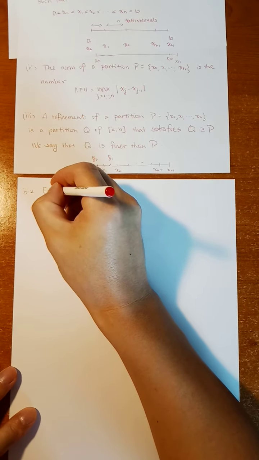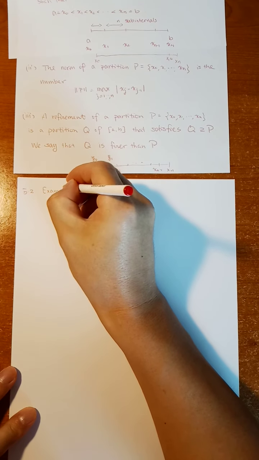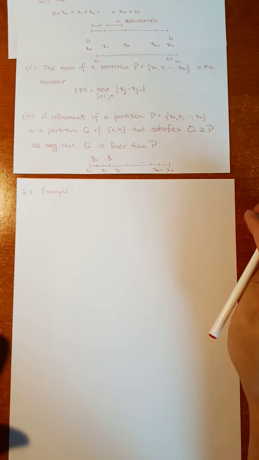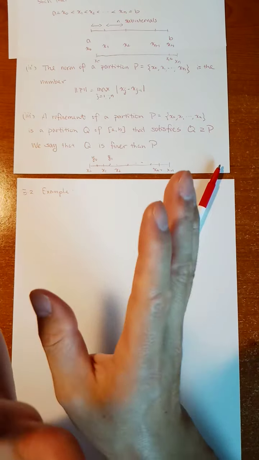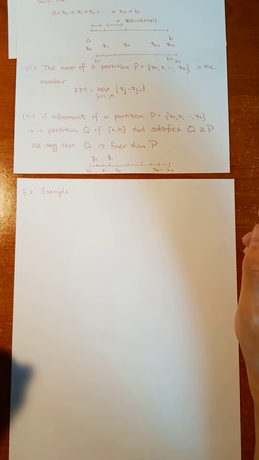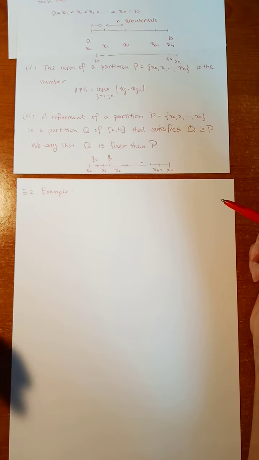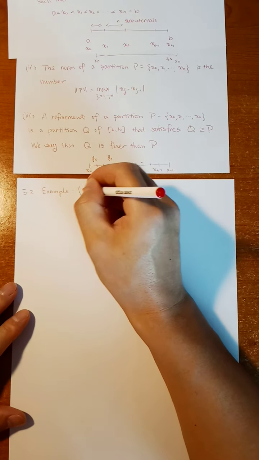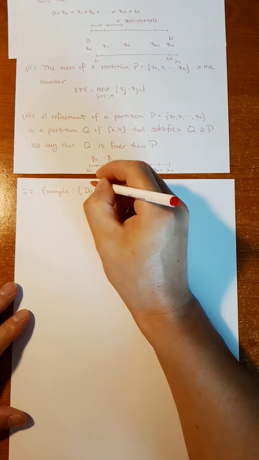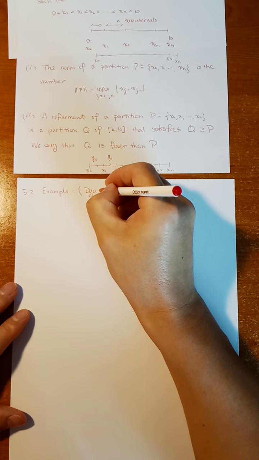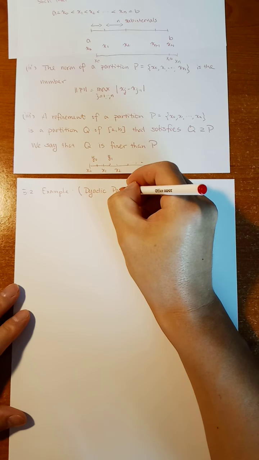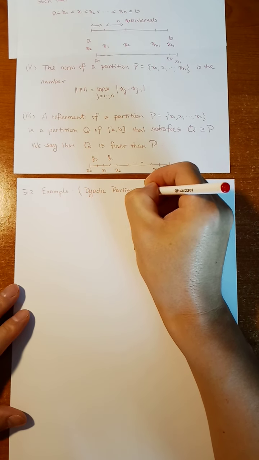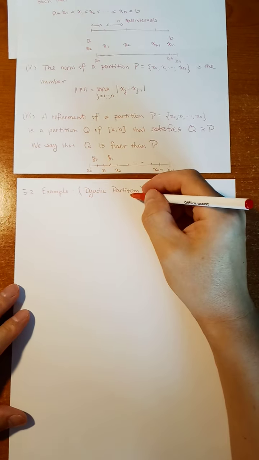Let's see an example. Of course, when we imagine a partition, we always say, let's chop this interval, we cut the interval into small subintervals. So how do we guarantee it is small? We have a technical partition, the dyadic partition.